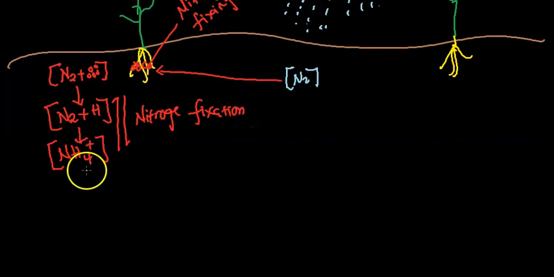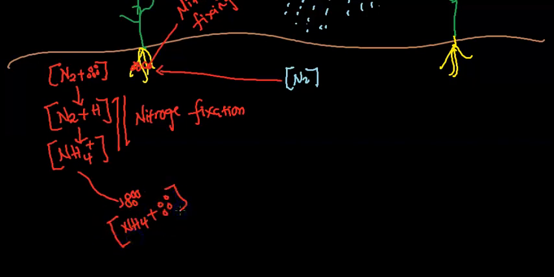What happens next? Because this is our final product at this point. The ammonium travels and meets additional bacteria. What happens here? These additional bacteria help it combine with oxygen.